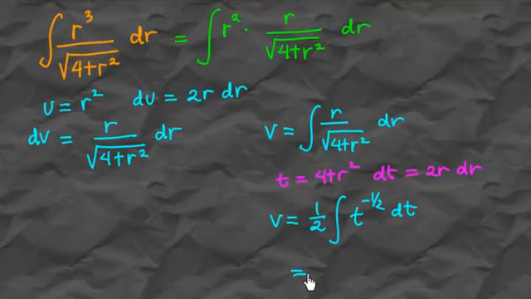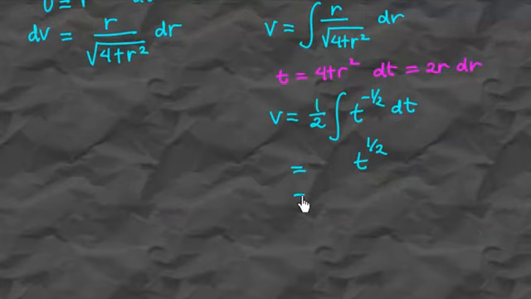Then v will be, we add 1 to the exponent, so actually that's our v. We need to put back t equals 4 plus r squared. So v is square root of 4 plus r squared.